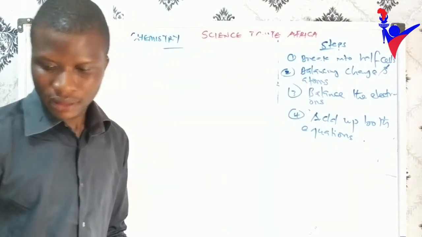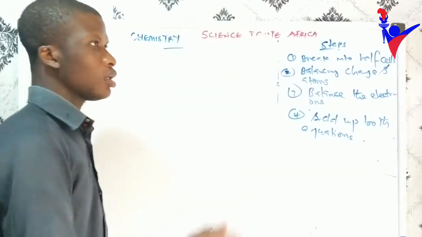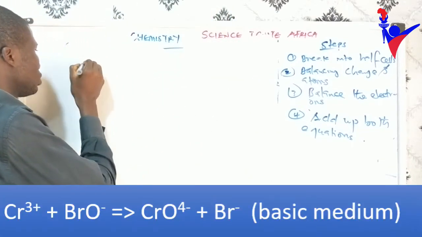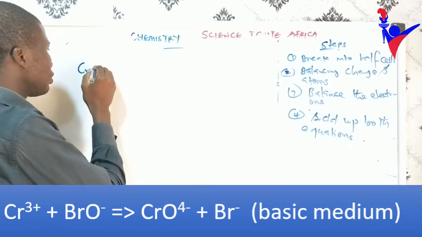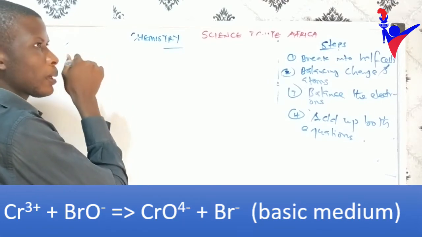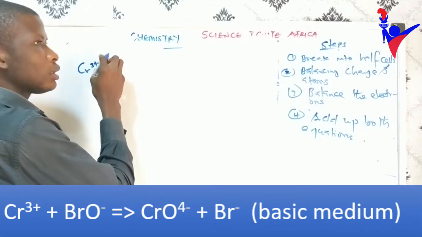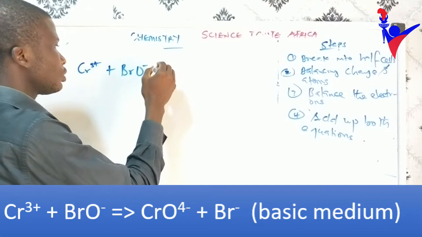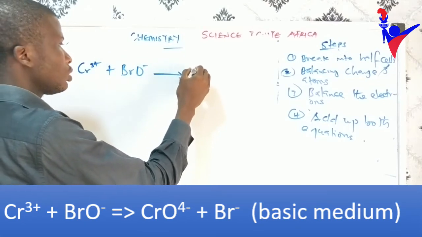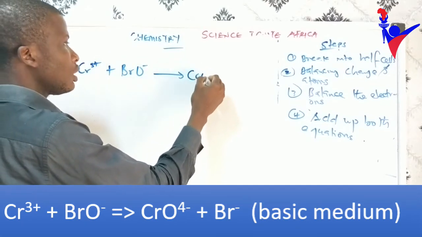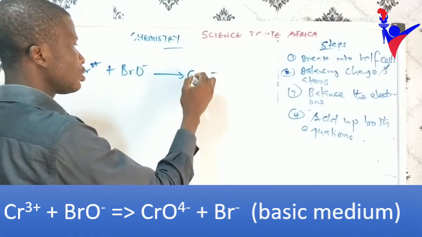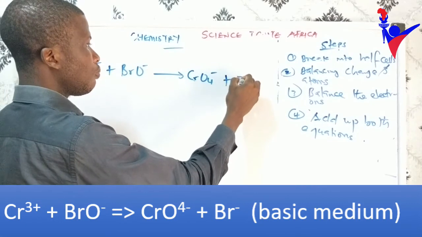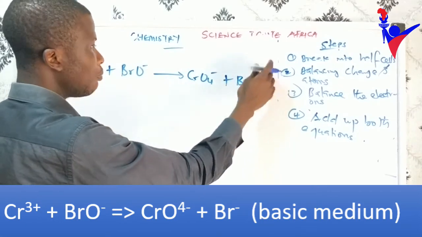Now the next we are dealing with is in basic medium, like I said, and the first one is Cr3 plus plus PrO minus, giving us CrO4 minus, and this in a basic medium.